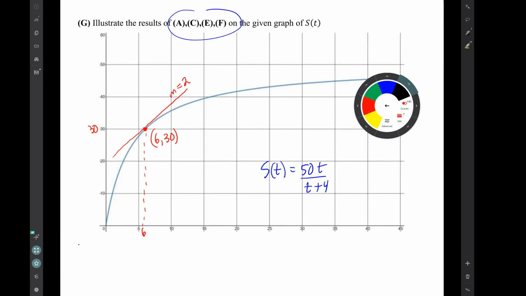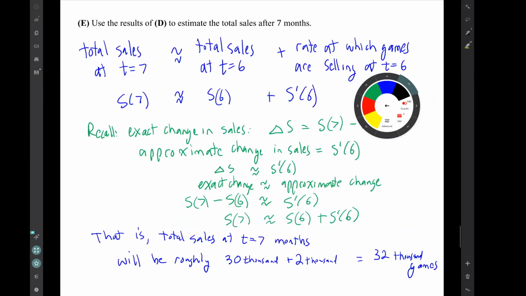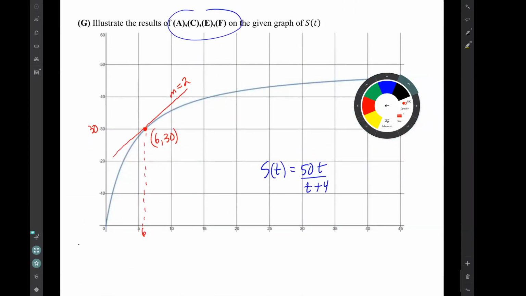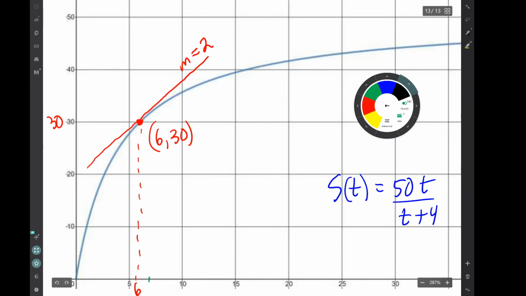Now what about question E? Question E says the total sales at time 7 months will be roughly 32,000 games. How do we illustrate that on this graph? Well, notice that the exact sales at 7 months would be the point on the graph above that t coordinate of 7.